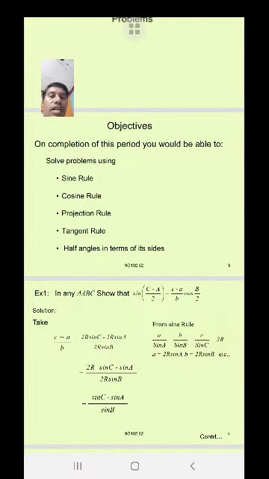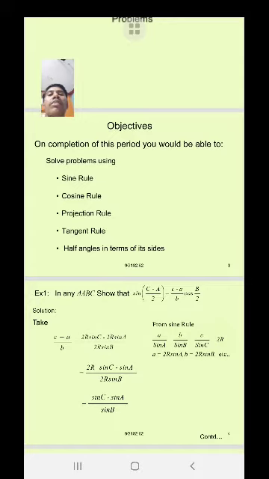Objectives of this class: on completion of this period you would be able to solve problems using sine rule, cosine rule, projection rule, tangent rule, and half angles in terms of sides.